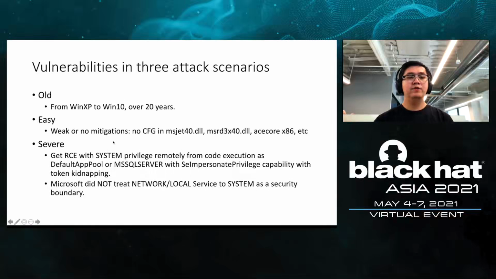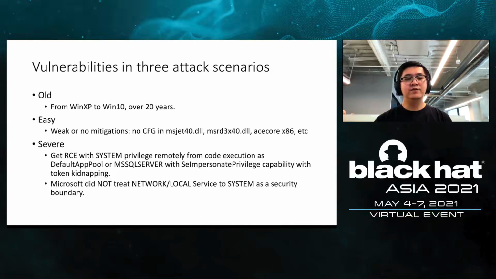A short summary of the vulnerabilities in the 3 attack scenarios. They are very old, over 20 years old. It works from Windows XP to Windows 10. They are not hard to exploit since there are no or weak mitigations. For example, no CFG at all in MSJet 4.0 components.